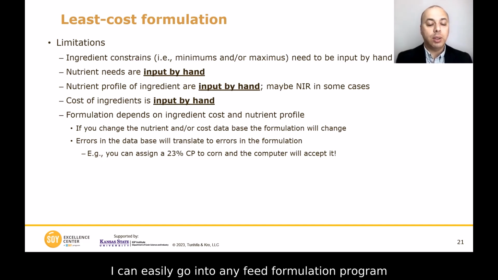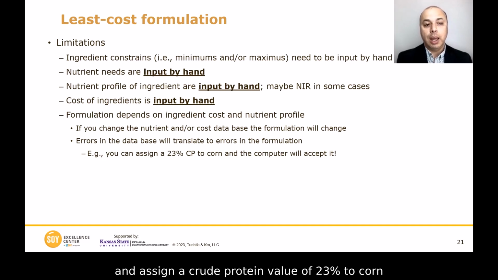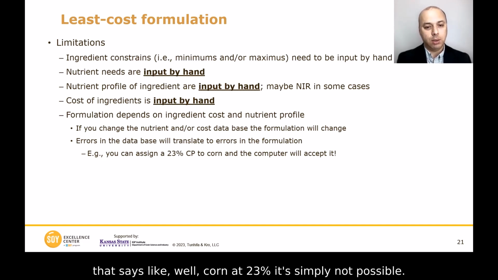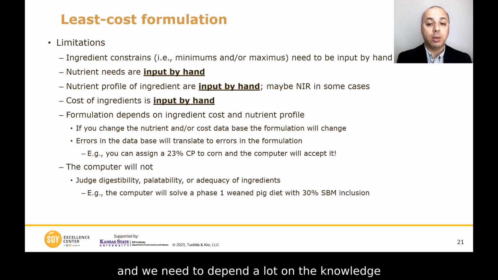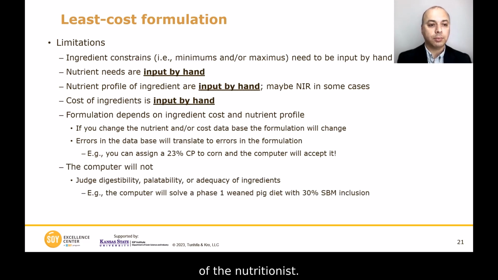I can easily go into any feed formulation program and assign a crude protein value of 23% to corn, and the computer is going to accept it. It doesn't have that logical knowledge that says, like, well, corn at 23%, it's simply not possible. We're still not there yet with the feed formulation programs that are currently available, and therefore we need to exercise judgment, and we need to depend a lot on the knowledge of the nutritionist.